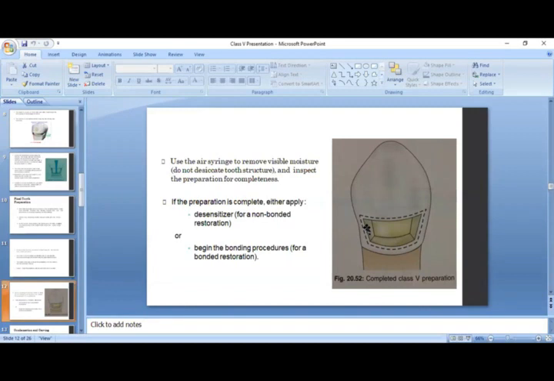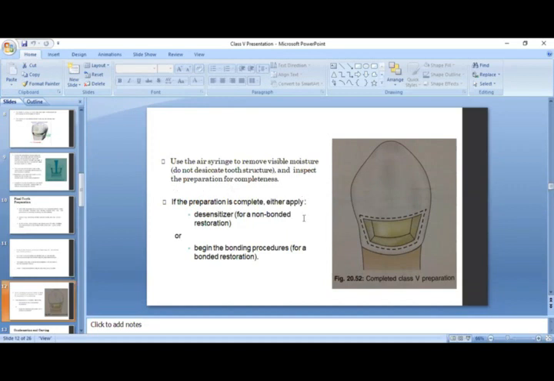After the preparation of the cavity design, the air-water syringe should be used to remove all of the debris previously produced by the bur. For that, we use the air syringe to remove visible moisture. Do not desiccate the tooth structure, and inspect the preparation for completeness.